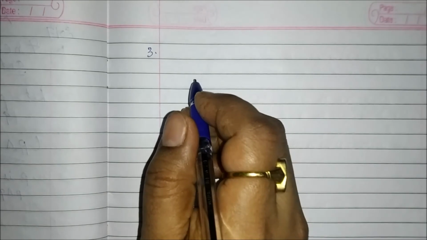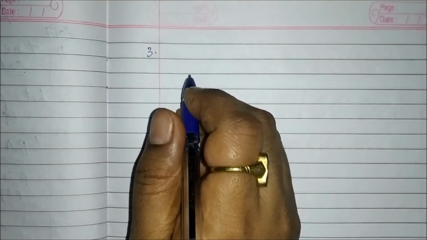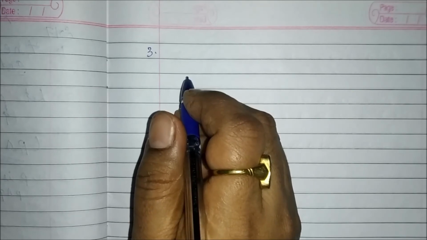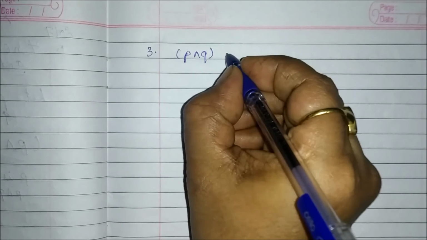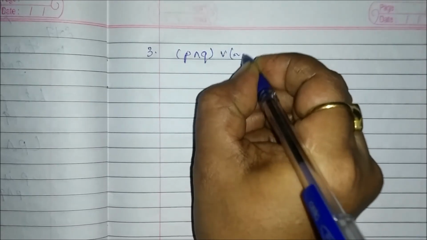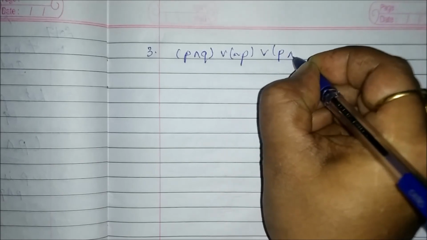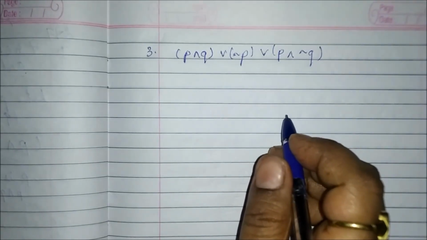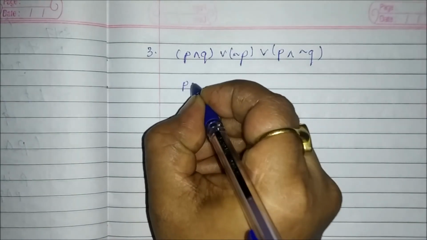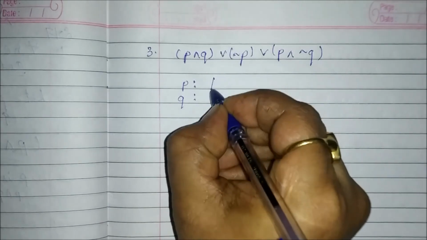Now we see the third question of the same year 2017. Construct the switching circuit for the statement. The statement is P and Q or not P or P and not Q. So first we write the switches.